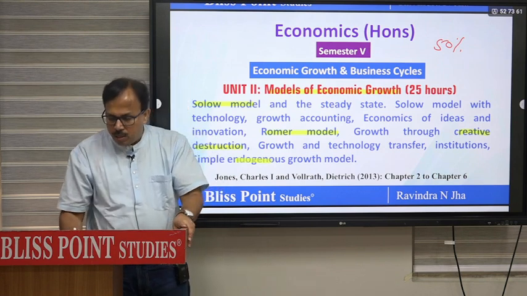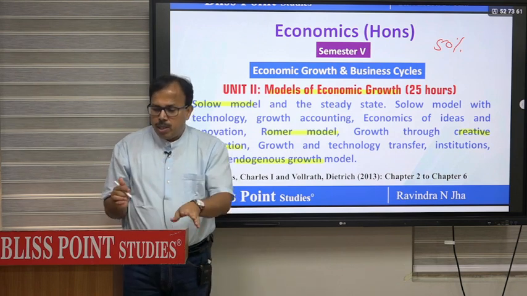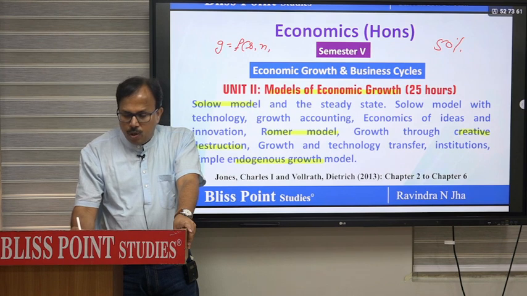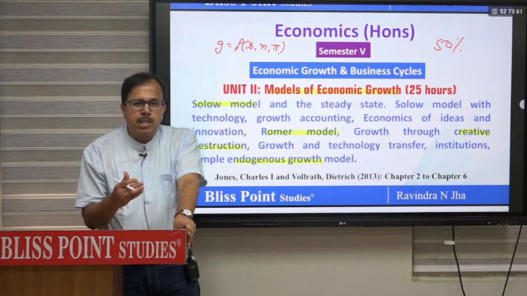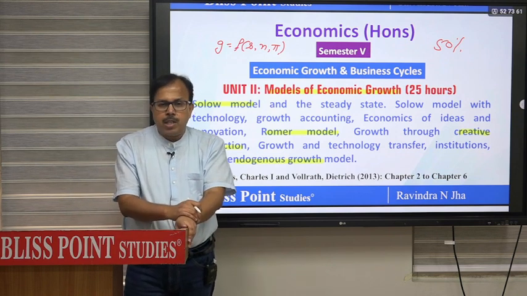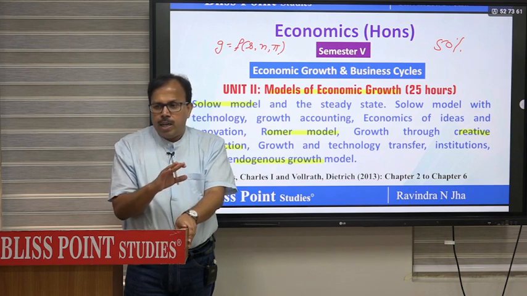Then, simple endogenous. See the term when you use exogenous or endogenous. Exogenous actually means that if I say that growth is a function of saving rate, it is a function of population growth rate, it is a function of technological progress growth rate, without explaining what determines the saving rate, without explaining what determines the population growth rate, without explaining what determines the technical progress growth rate, then in that way it will be called the exogenous growth theory.